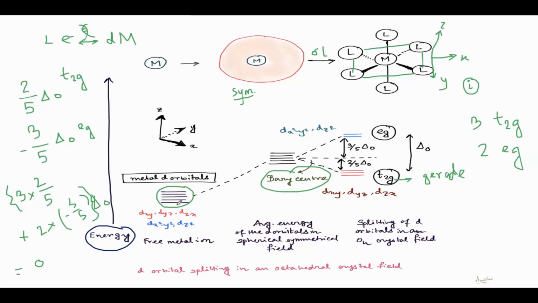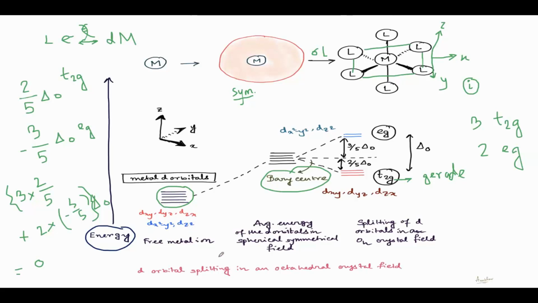So we are talking about these low-lying orbitals, 3, which are T2G, and we are having the high-lying energy, which is EG. 2 EG orbitals, dx square minus y square and dz square, and 3 T2G orbitals, which are having the energy 2 by 5 delta O: dxy, dyz, and dzx.